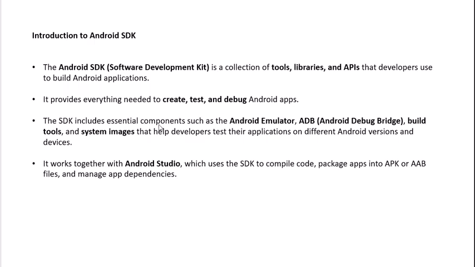SDKs include components such as the Android emulator, ADB, the Android Debug Bridge, build tools, and system images that help the developer test applications on different Android versions and devices. It works together with Android Studio, which uses the SDK to compile the code, package apps into APK and AAB files, and manage the app's dependencies.